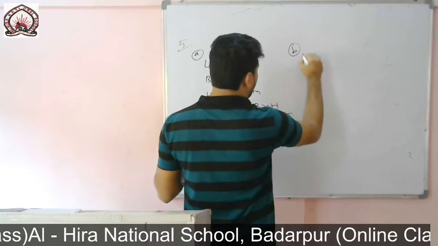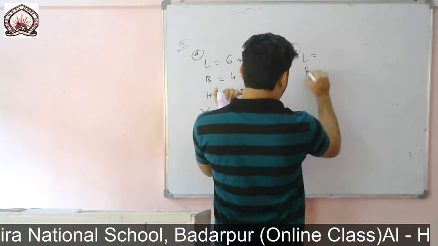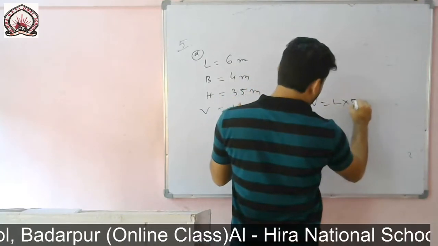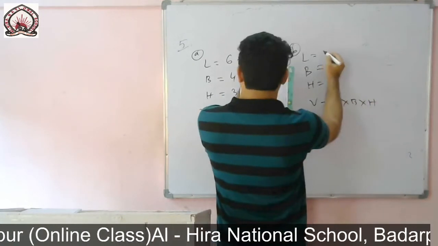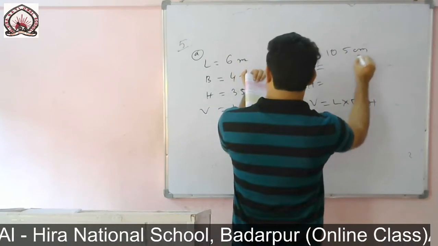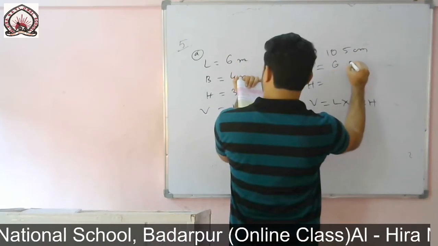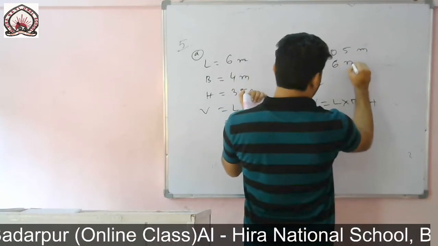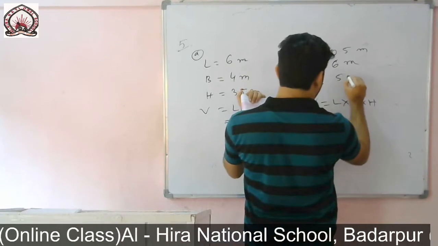Now come to B. Length given what? 10.5 centimeter. Breadth 6 meter. And height 5 meter.